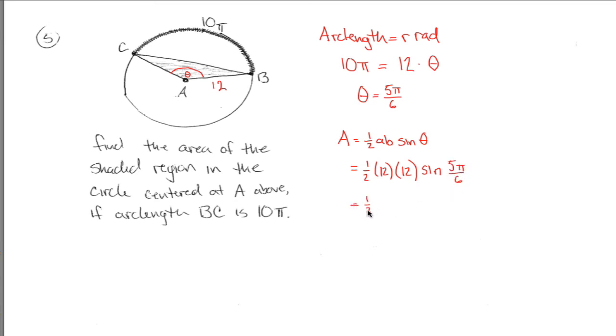Let's multiply that out. 1/2 times 12 is 6 times 12. Sine of 5 pi over 6 is the same as sine of pi over 6, which is 1/2. In other words, we get a nice round number. We get 36 is the area of this triangle right here. And that finally is the end of this worksheet in this video.